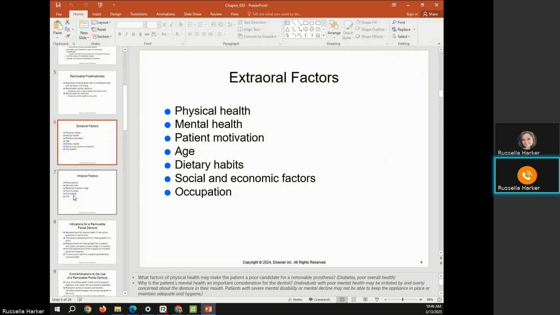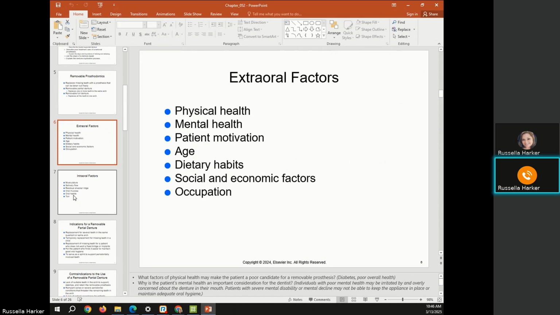So they might be irritated and overly concerned about the denture or partial in their mouth. And if they have a severe mental disability or mental decline, they might not be able to keep the appliance in place or maintain adequate oral hygiene.